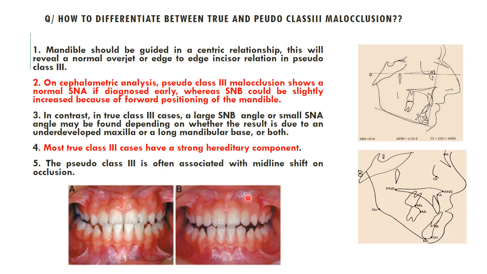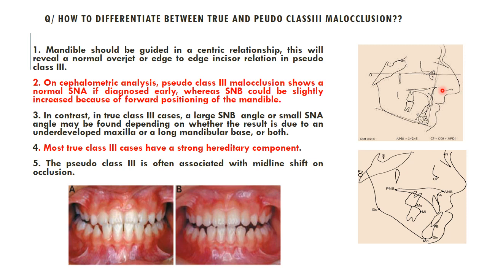Also, by cephalometric analysis, the patient who has a postural Class III will have a normal SNA and a slightly increased SNB due to the forward positioning of the mandible. This is basically because he already has a normal maxilla and a normal mandible, and the reason is not skeletal but due to functional interferences.